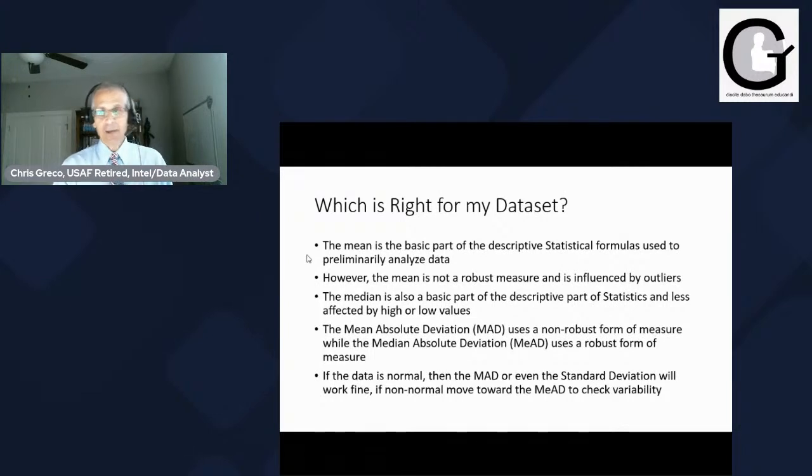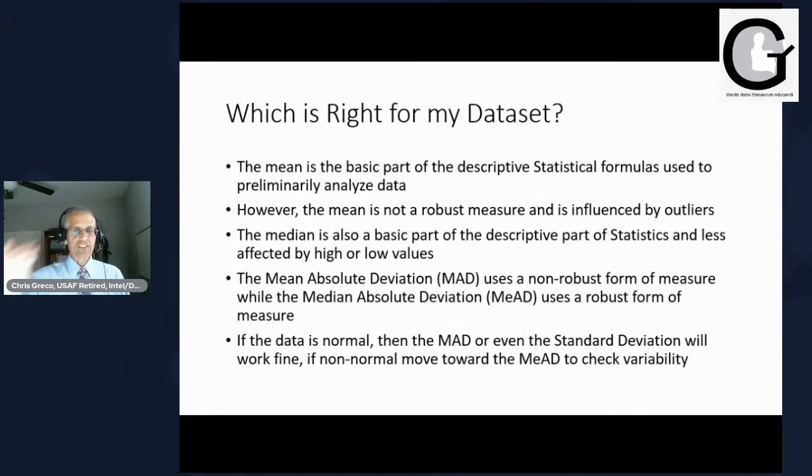However, the mean is not a robust measure. And the very interesting, ironic fact is that the mean is used in almost every other set of measures. So basically, you're putting each of the measures in a situation where each of them is going to be skewed. That could be a very, very big problem.